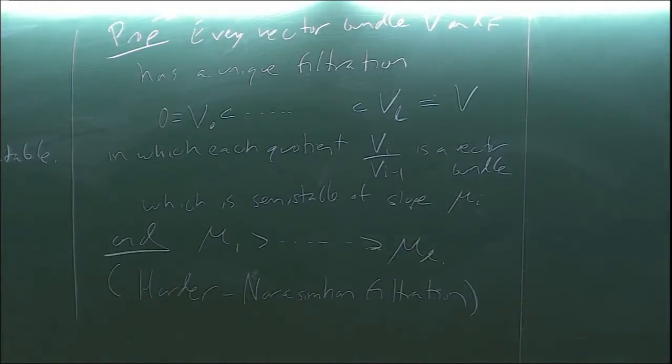Basically the main point is to show that the set of all slopes of subbundles is bounded above, and therefore has a largest element. It's formal once you know this, though it depends how you want to quantify it.